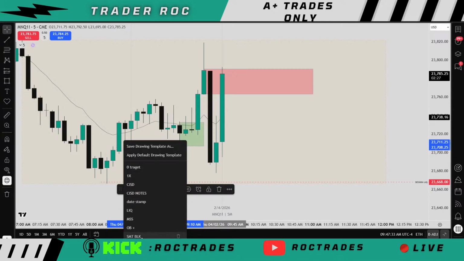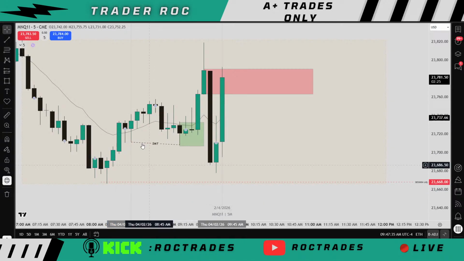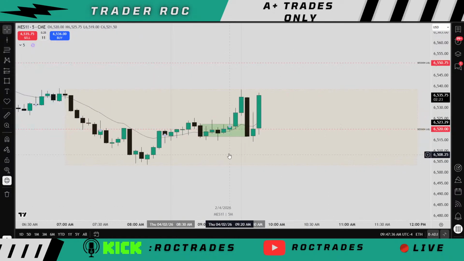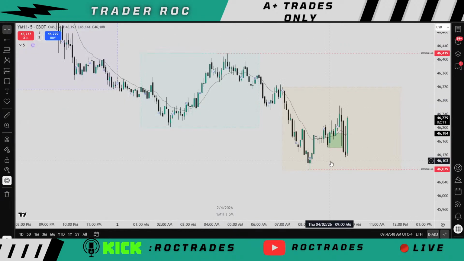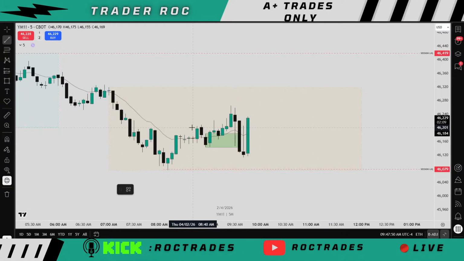Subtle SMT, similar to what we saw yesterday or earlier in the week. I'm not sure if it was yesterday, but 8:30 low. We don't sweep it here. Looks like we have equal lows there. And then for sure on YM, we don't sweep it at all on this move here.